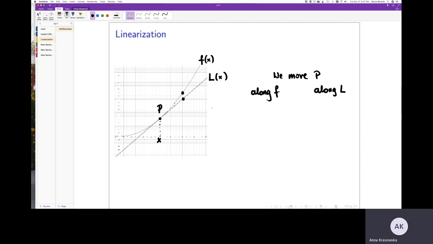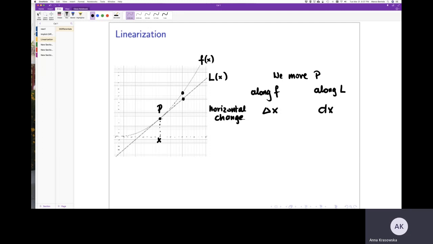The horizontal change will be denoted delta x when it's along f function and dx when it's along L function.